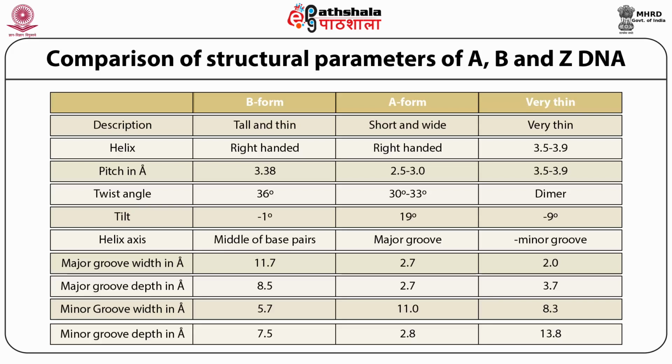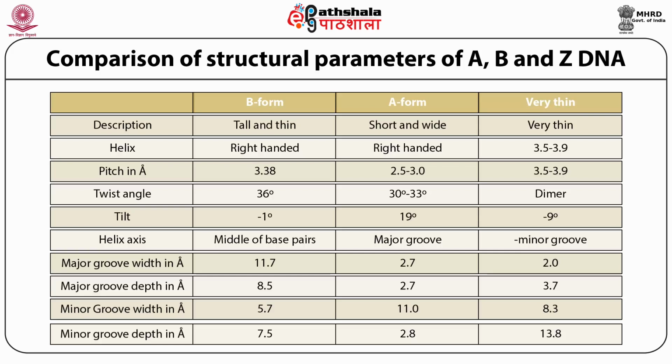Its width is 2 angstrom and depth is 3.7 angstrom. A form has a narrow deep major groove, 2.7 angstrom width, 13.5 angstrom depth. Minor groove in B form has a width 5.7 angstrom and depth 7.5 angstrom.